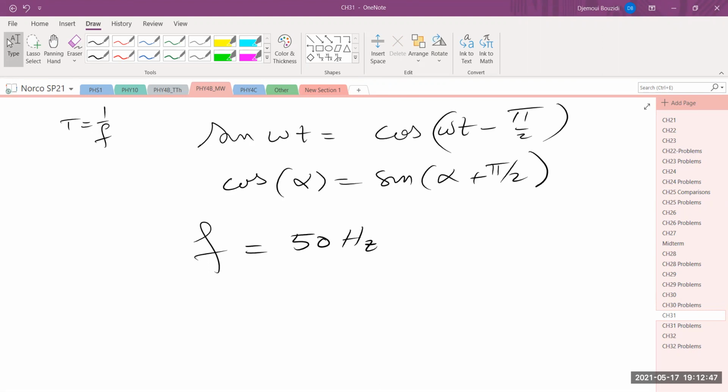I think the rest of the world uses 50 Hertz. Yeah, the United States actually uses 60 Hertz, sorry. Okay, so that's how much it's used here in the United States.